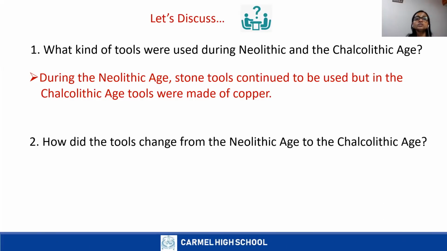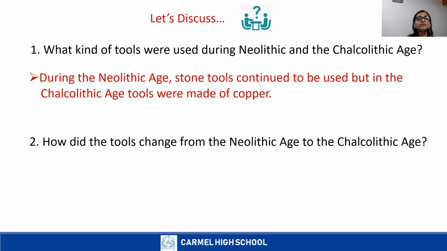Okay, now next. How did the tools change from the Neolithic age to the Chalcolithic age? So we know that in the Neolithic age, they made different types of new tools and used different new technologies. But the Chalcolithic age is a copper age, that means copper tools.